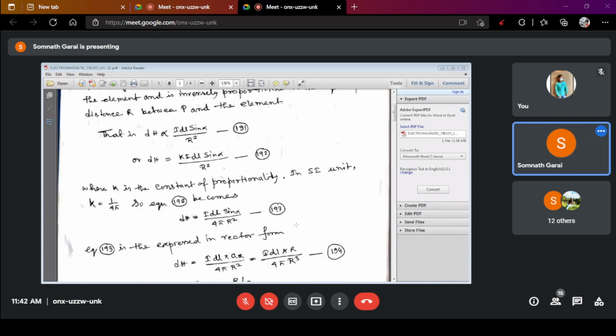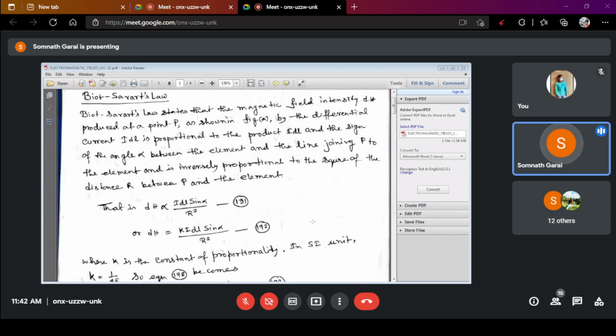Now, according to the Biot-Savart law, the magnetic field intensity dH produced at a point P, as shown in the figure, by the differential current I dL, is proportional to the product of the differential current I dL with the sine of the angle alpha between the element and the line joining to P, right?